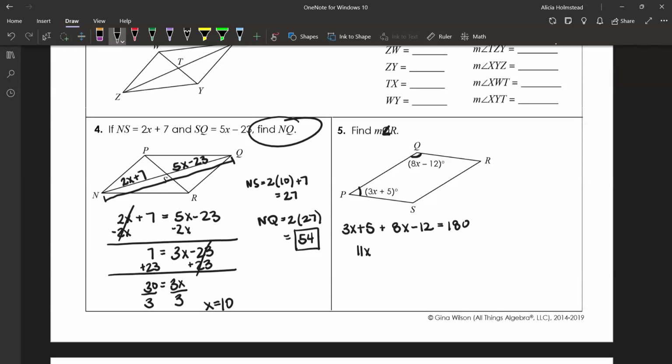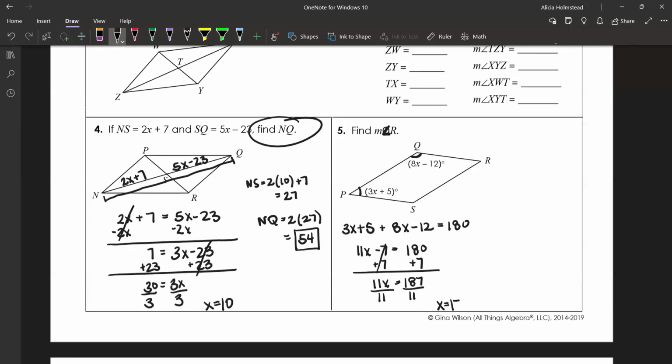So we get 11x minus 7 equals 180. Add 7 to both sides gives us 11x equals 187. Divide by 11. I don't know that one off the top of my head. 187 divided by 11 gives us 17.